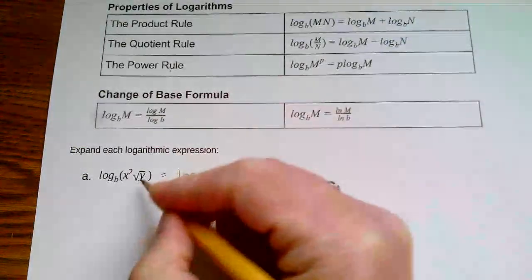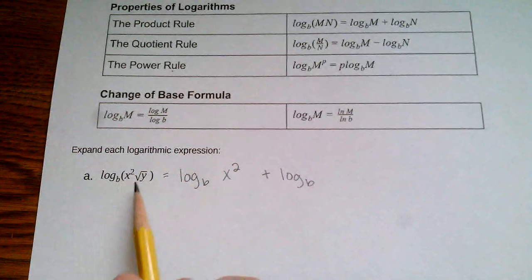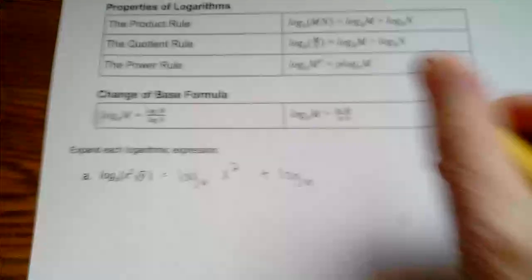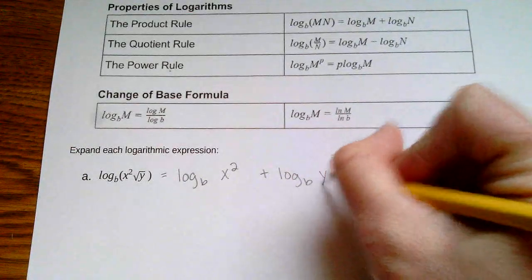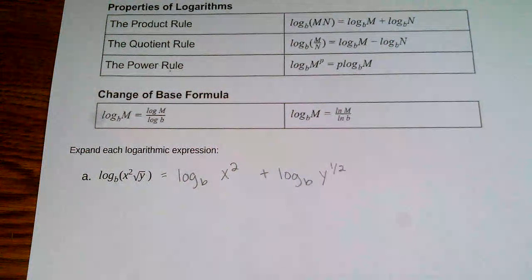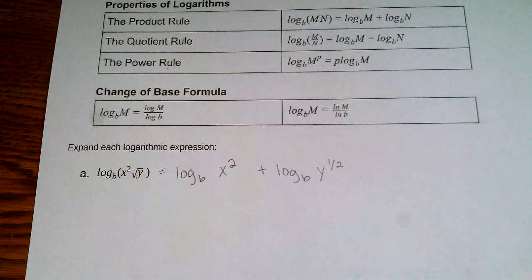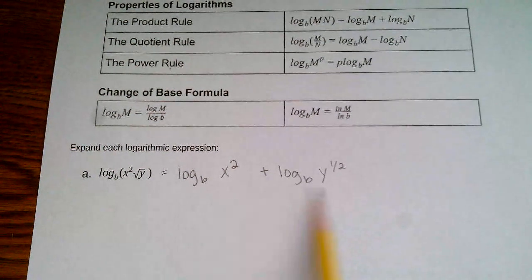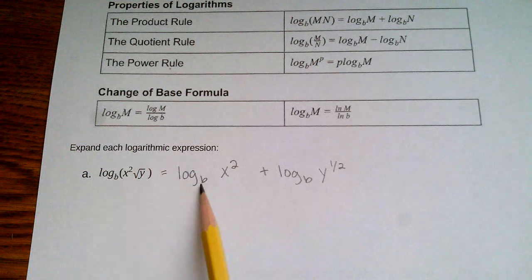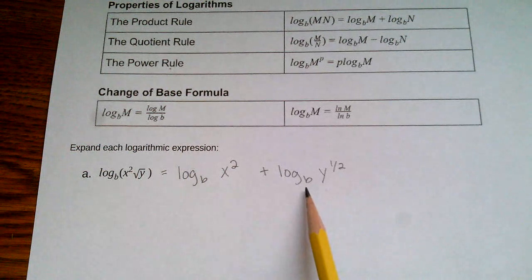And just to make my life a little easier, when I rewrite this, instead of writing it as the square root of y, I'm going to rewrite it as y to the 1/2 because those are equivalent. So I have now expanded this. Instead of having one expression, I now have a sum of two expressions.